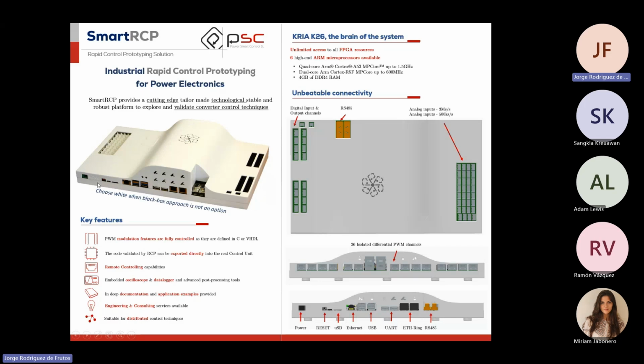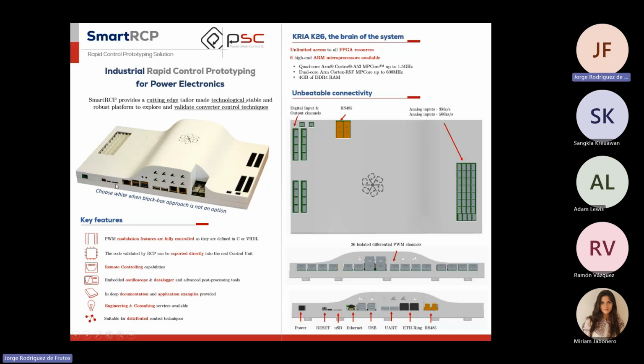It is this box. On this side, we have all, let's call it, the digital communication, so those Ethernet ports that are intended to connect several units together to create a ring, for example. Some UARTs, some USB connectors, a 1 gigabit Ethernet connector.